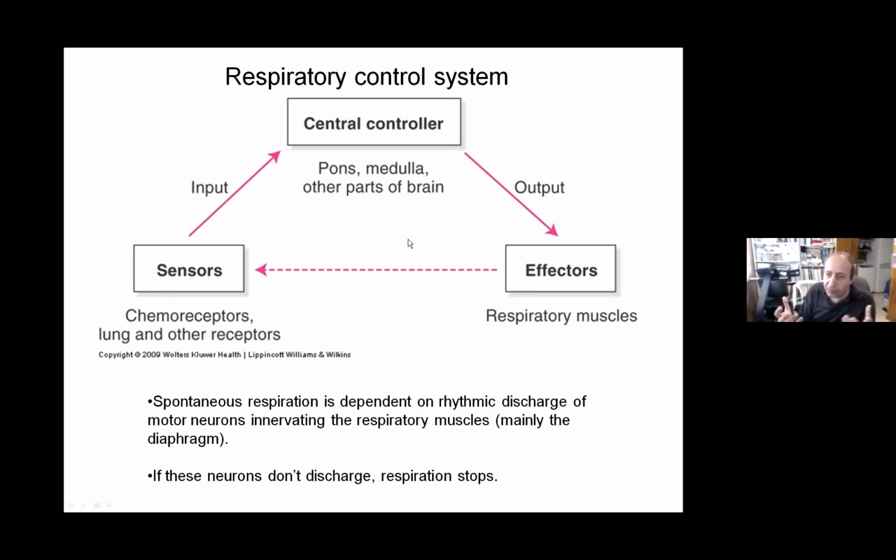So if we stop the discharge of these neurons, for example by a traumatic injury to the neck, one way a person can die is, for example, trying to jump in a pool and hitting something. If the neck is broken, then he will immediately die because the breathing will stop.